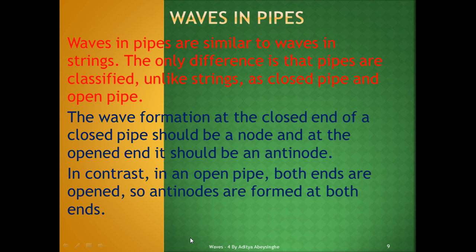As the second part of this video, let me explain waves in pipes. Waves in pipes are similar to waves in strings. The only difference is that pipes, unlike strings, are classified as closed pipes and open pipes. So let's identify what is meant by a closed pipe and an open pipe.